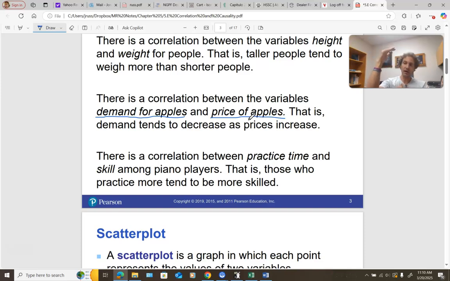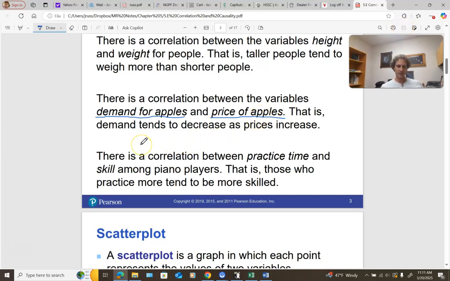Because an increase in price means people are going to have less money to spend because they have a finite amount of money. That's why, whenever the price of gas goes to $4 a gallon, we try to conserve on our gasoline consumption, right? Or in other words, we could say we are demanding less gasoline, okay? So what we've seen here is that this is an inverse correlation. As the price of apples increases, then the demand for apples will actually decrease because people can't afford to buy as many apples.